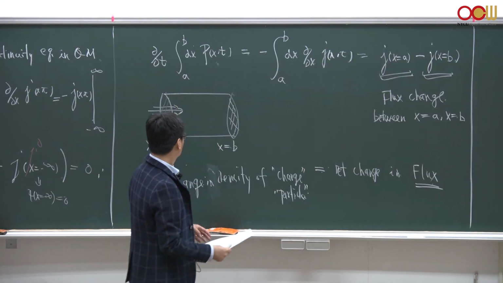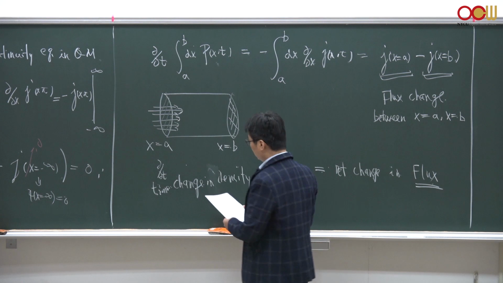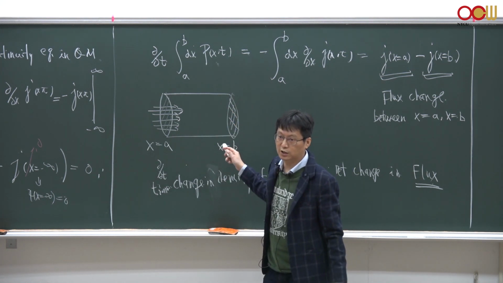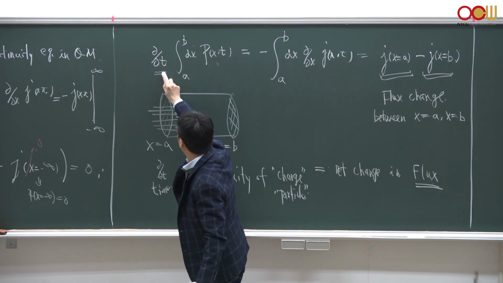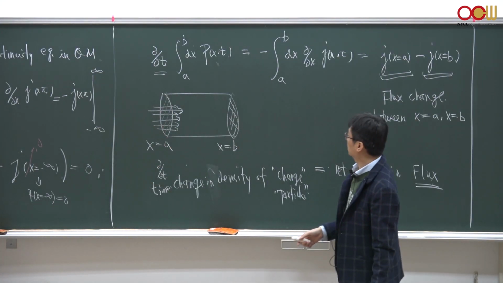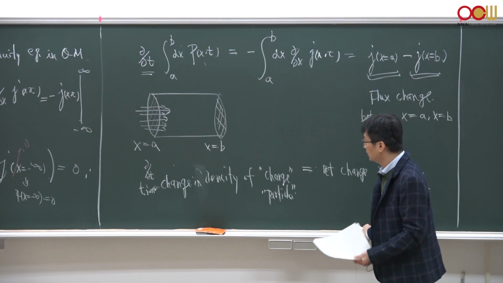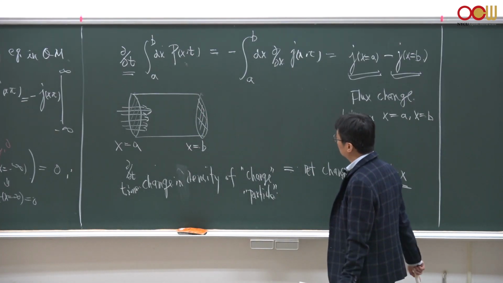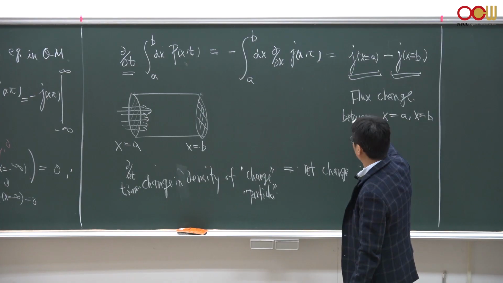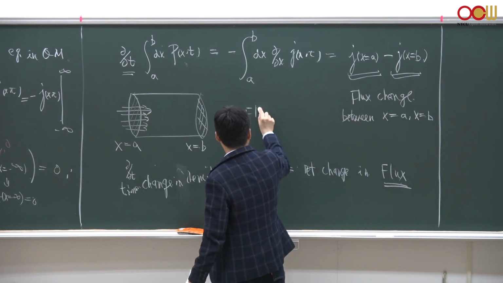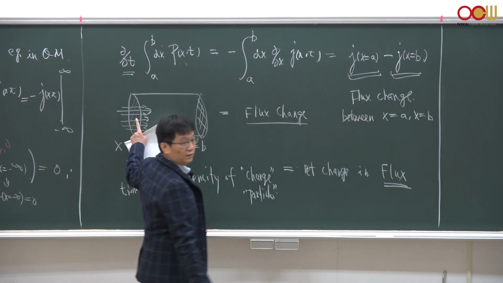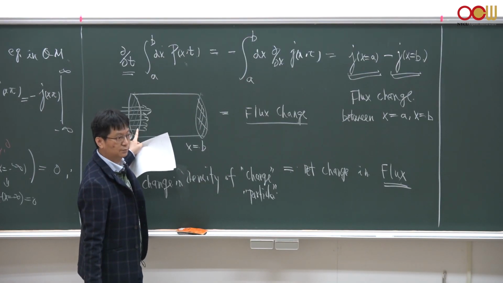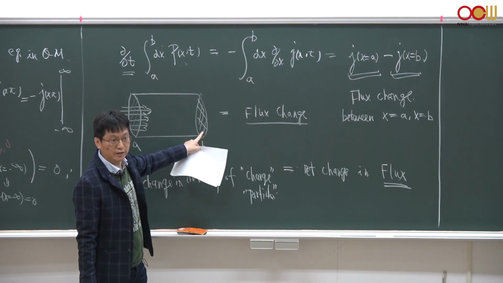If you evaluate this probability density inside this volume as a function of time, you take the time derivative of the probability density inside this tube, and that value is the flux change, which means it is the flux evaluated at x equals A subtracted from the flux evaluated at x equals B.